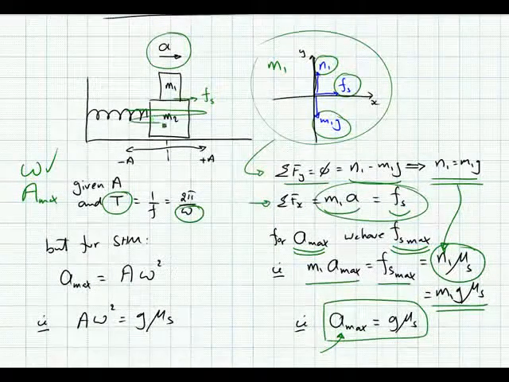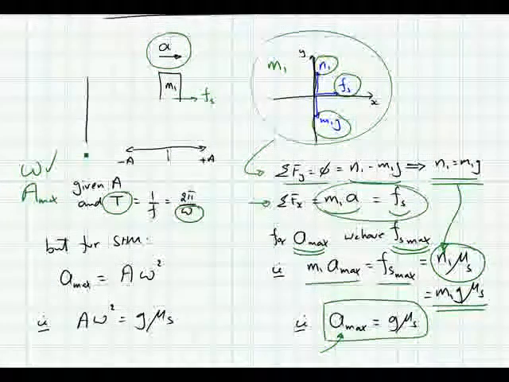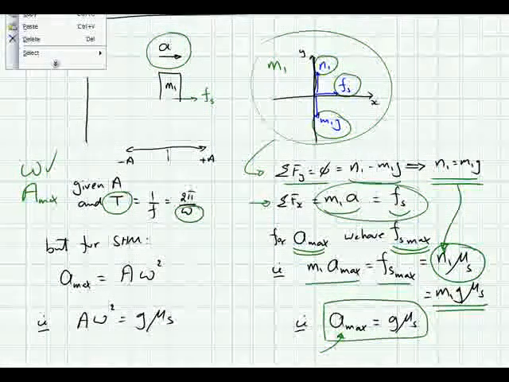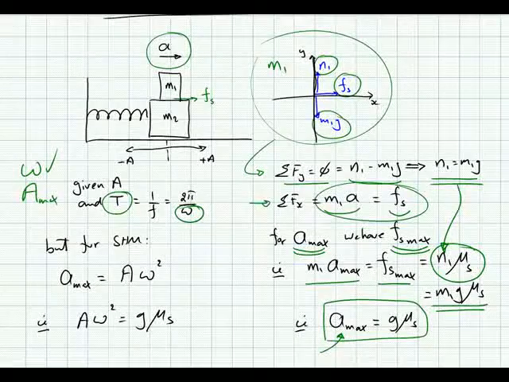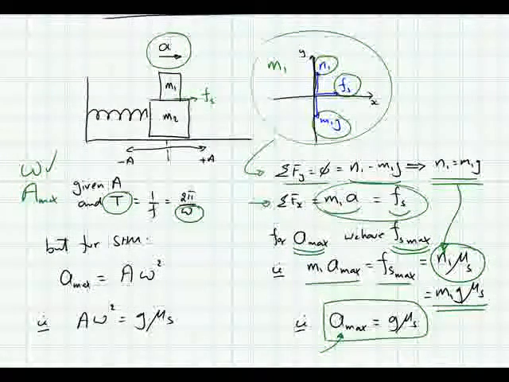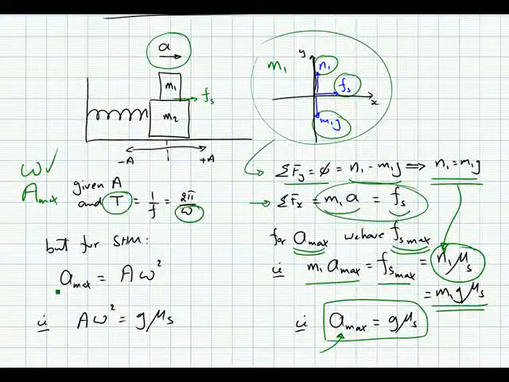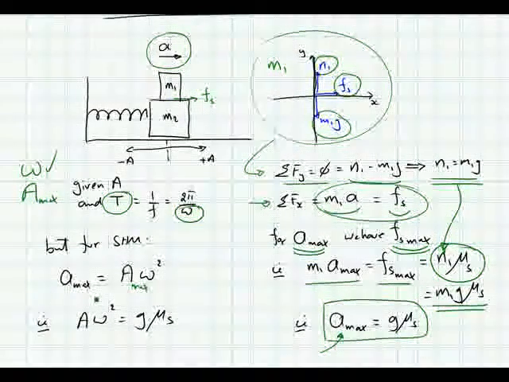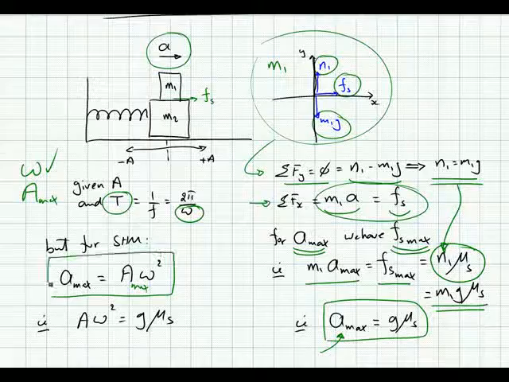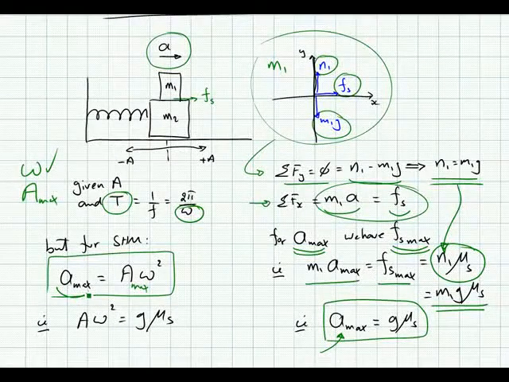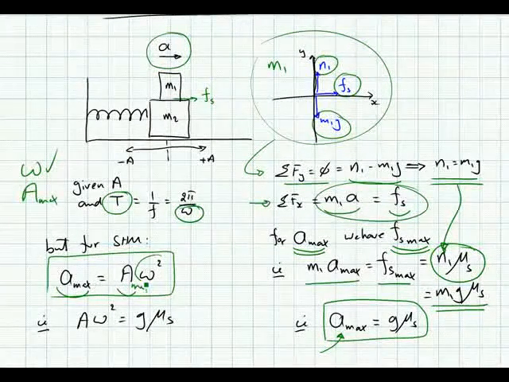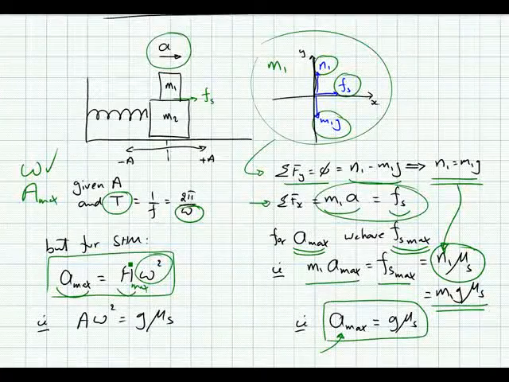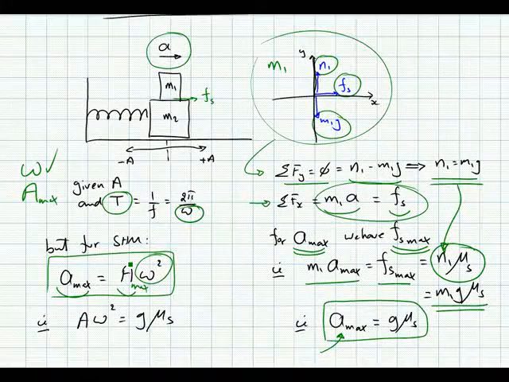After all, these masses are oscillating back and forth in a simple harmonic manner. So a max, from our kinematic equations, maximum acceleration is equal to maximum amplitude times omega squared. That's from the previous lecture, if you recall.